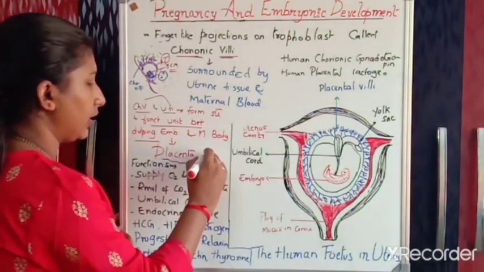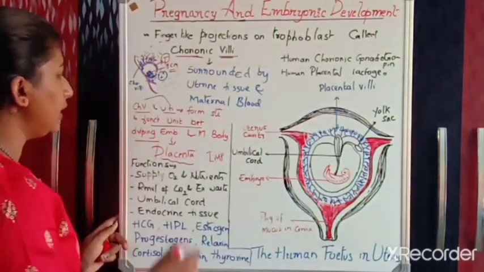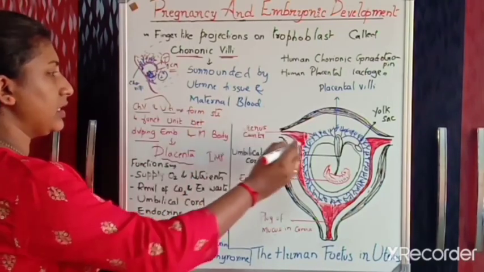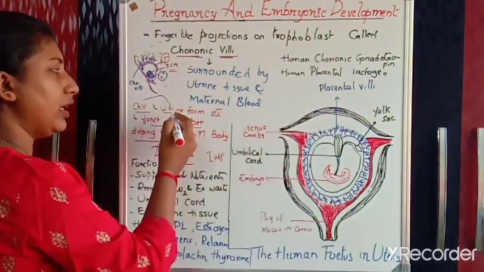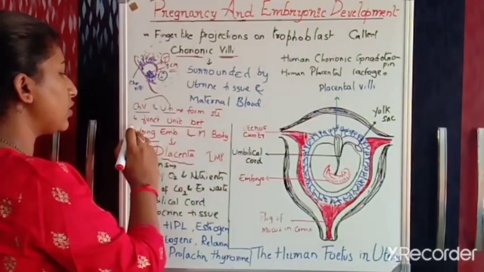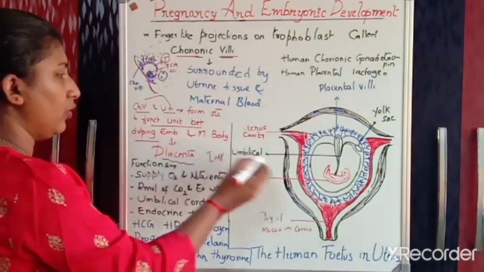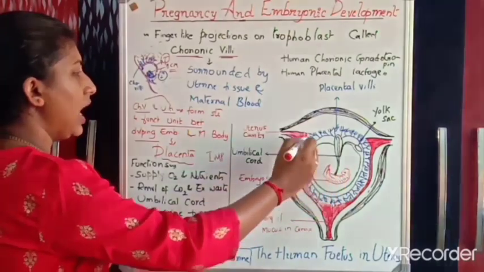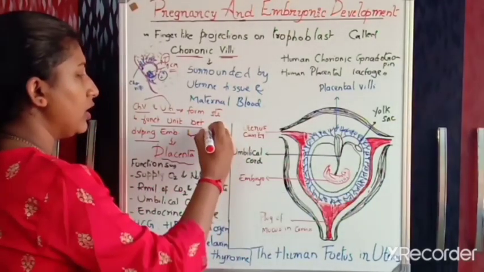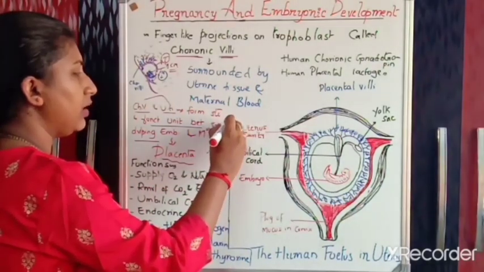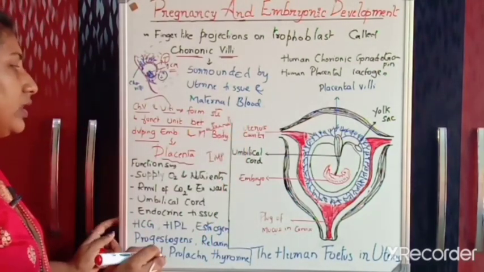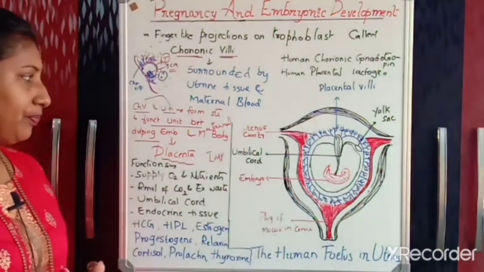This is important. I repeat, chorionic villi, these finger-like projections, and uterine tissue form the structural and functional unit between the developing embryo and the maternal body. Maternal means mother's body. This is called the placenta.